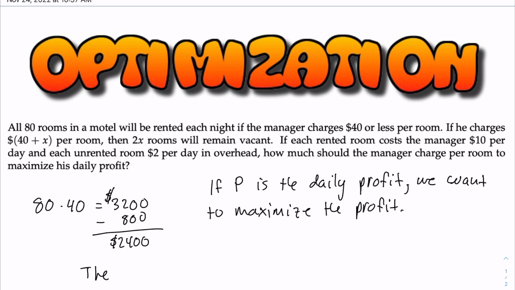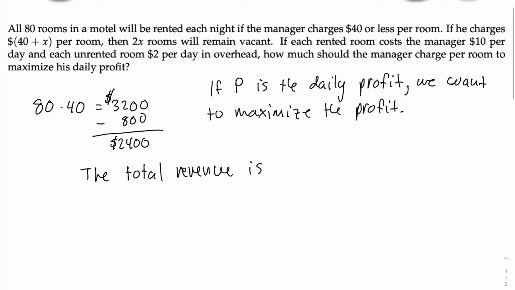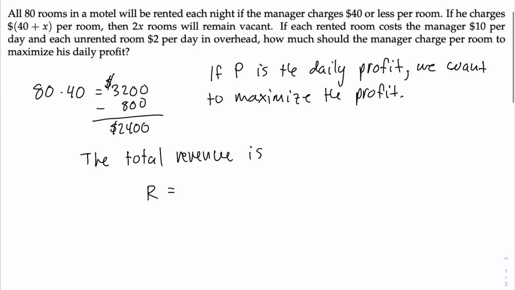So the total revenue, we'll call it R for revenue, is equal to the price of the room, which is $40 plus X, times the number of rooms rented. Well, there's 80 rooms in total, and 2X will remain vacant.